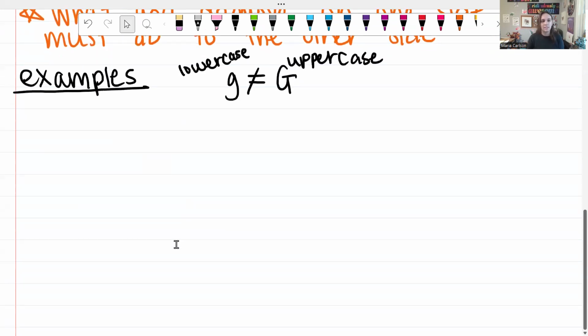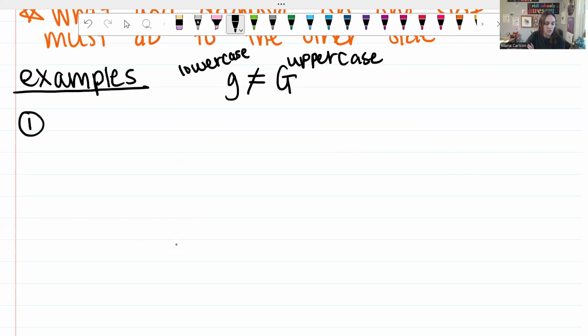So please keep that in mind. If you see a lowercase g, that lowercase g better be there throughout the problem. Don't switch it and make it uppercase. If you prefer to write letters a certain way, like I do with my Q's, which turn out kind of weird in lowercase, so I like to write it uppercase, you can't do that here. These have to stay either lowercase or uppercase.